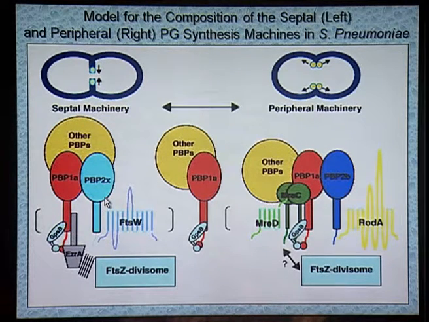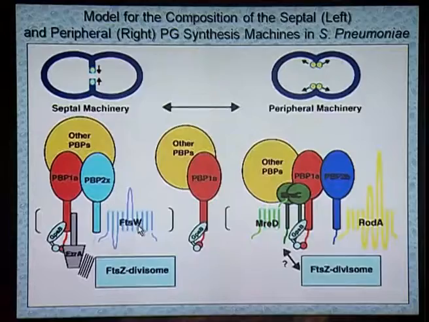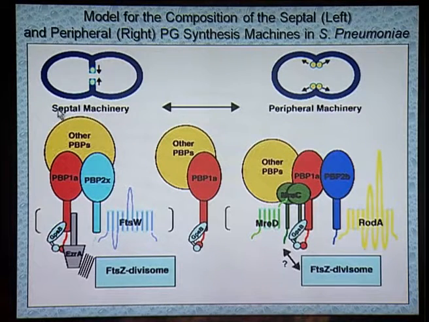Now, PBP2X is not here but replaced by PBP2B. Likewise, FtsW is present here in case of the septal machinery, while RodA is present here in the peripheral machinery. MreD, MreC, these are not present anywhere in the septal machinery, but you see them here in the peripheral machinery.